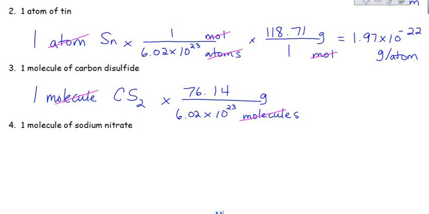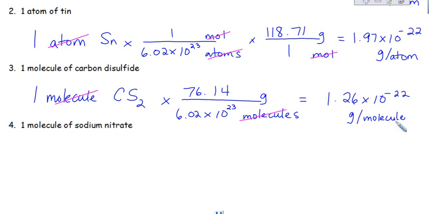That is the mass of a mole of molecules, which is 6.02 times 10 to the 23rd. So we can still divide these two, and we should still get a very small number. So I'd be looking at like 1.26 times 10 to the negative 22nd grams per molecule. Super tiny.